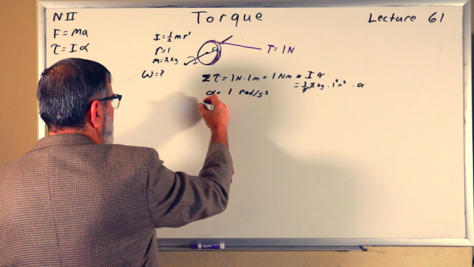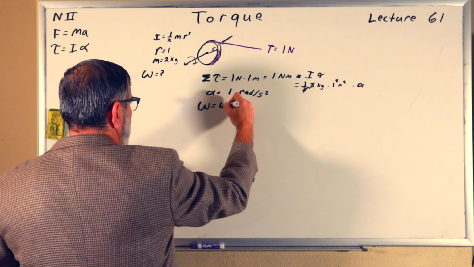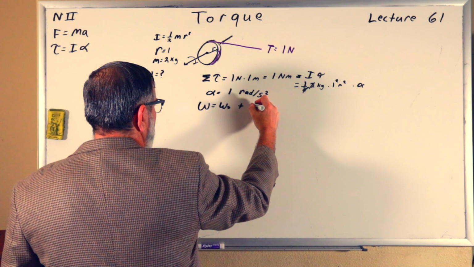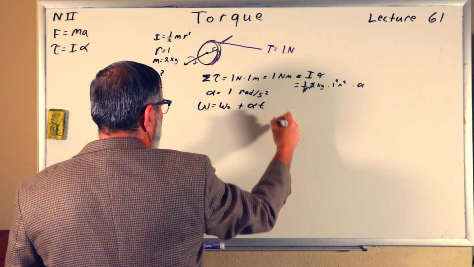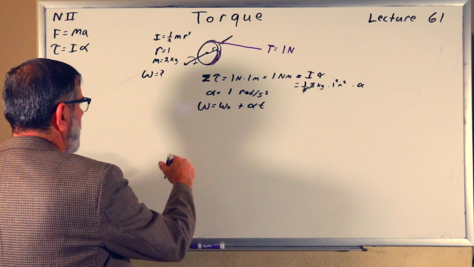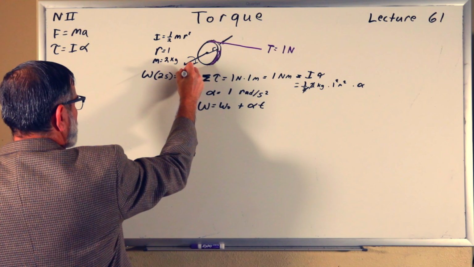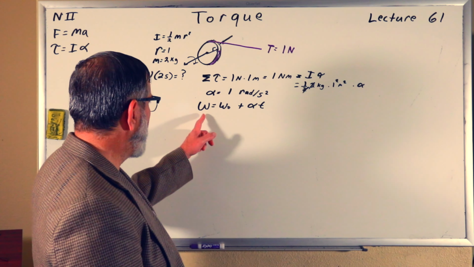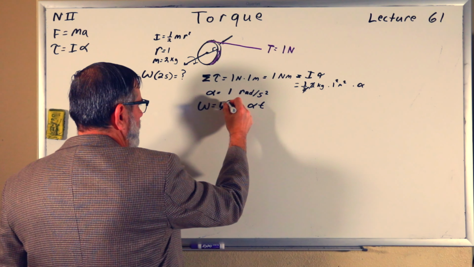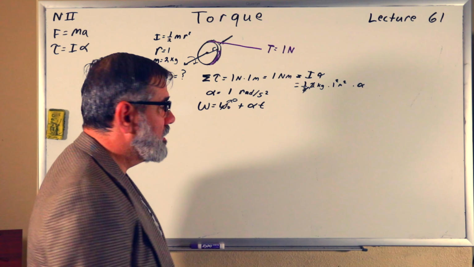We can use a kinematic equation, omega equals omega naught plus alpha times t, to figure out, let's say, omega at 2 seconds equals question mark. So let's figure out what omega at 2 seconds is. Let's let omega naught be equal to 0, so it's not moving initially.